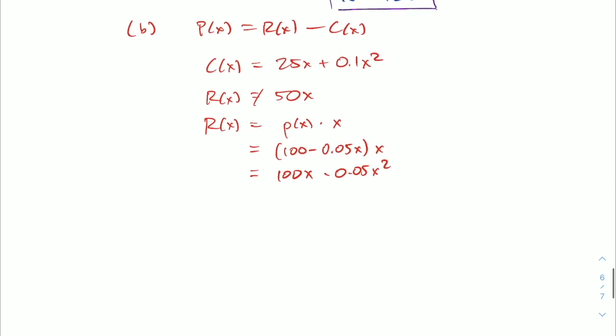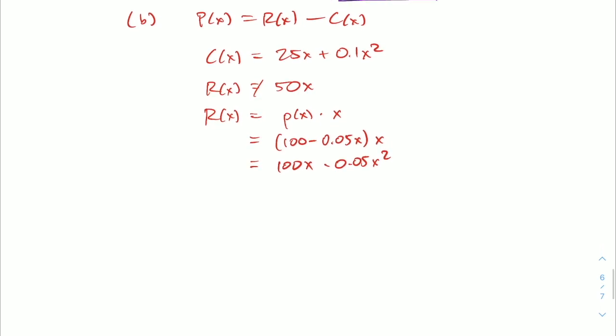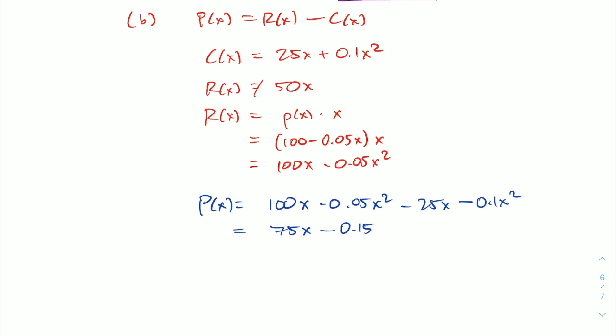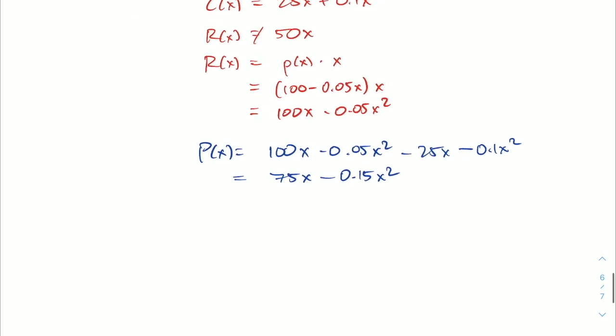Okay, so now we have our profit. Our profit is going to be 100x minus 0.05x squared minus 25x plus 0.1x squared. And if we combine like terms, we'll get 75x minus 0.15x squared. And we can maximize this by taking the derivative.